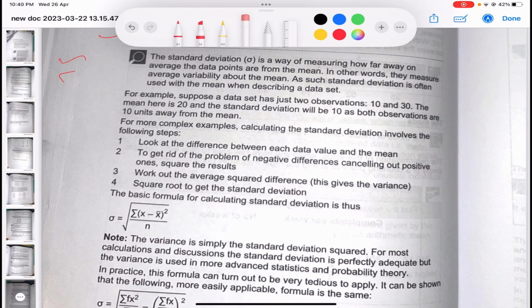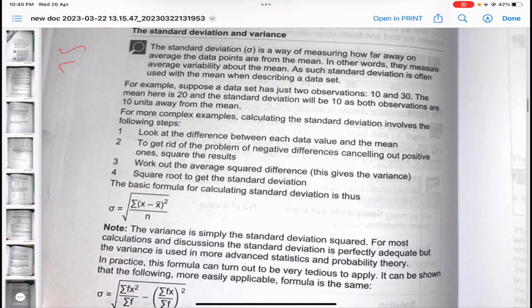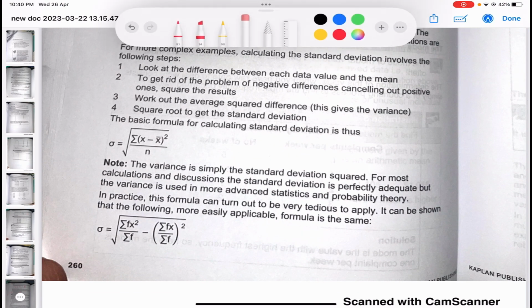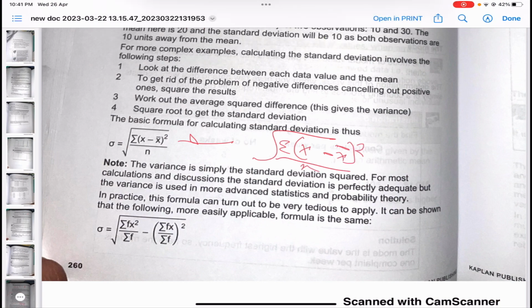Work out the average squared difference, then square root to get the standard deviation. So this is the formula of standard deviation. What is my standard deviation formula? The square root of the summation of (x minus the mean) squared, divided by the number of observations.